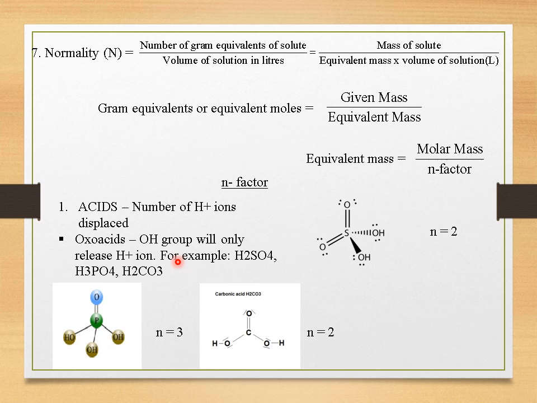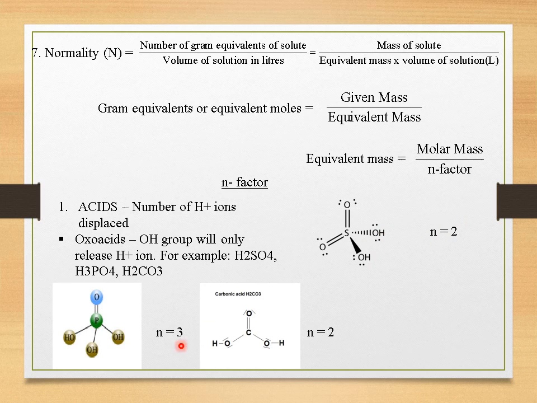For example, this is the structure of H2SO4, and the sulfur is connected with two of the oxygen atoms by double bonds, and single bonds are there with the other oxygens, which are then connected with the hydrogens. So there are these two OH groups which are going to displace their hydrogens, and thus the n factor for H2SO4 is 2.